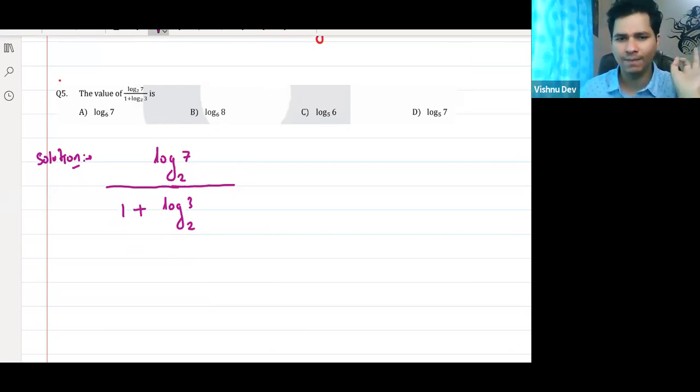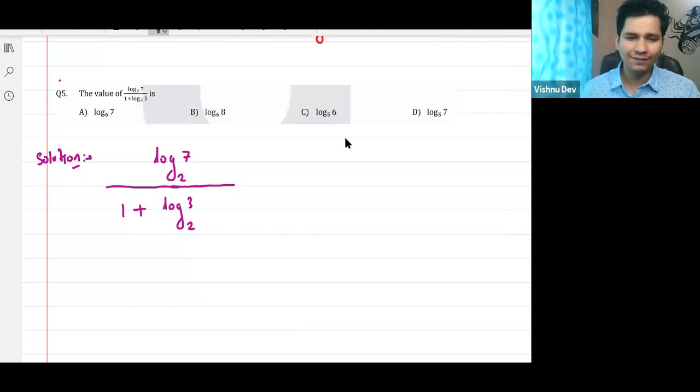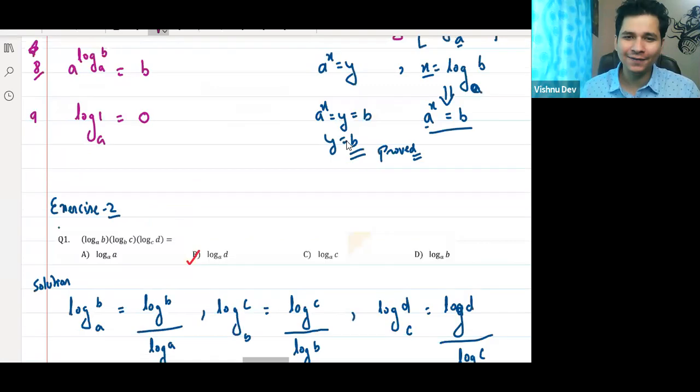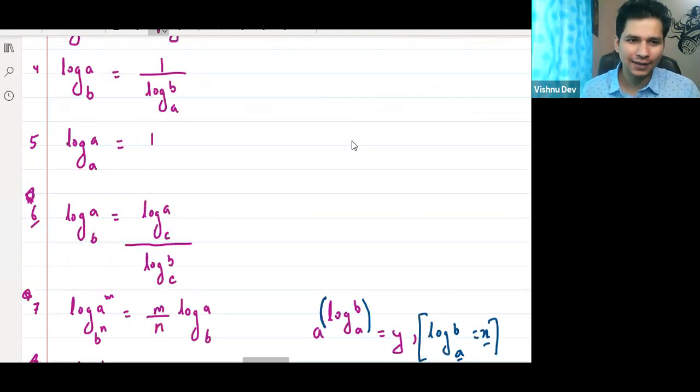Agree? If this one would not be there, then I can directly use reverse of property 6. Now we have this one. What to do with this one? So take it common. It is one, so again, I have told you one property. See, can you see property 5?